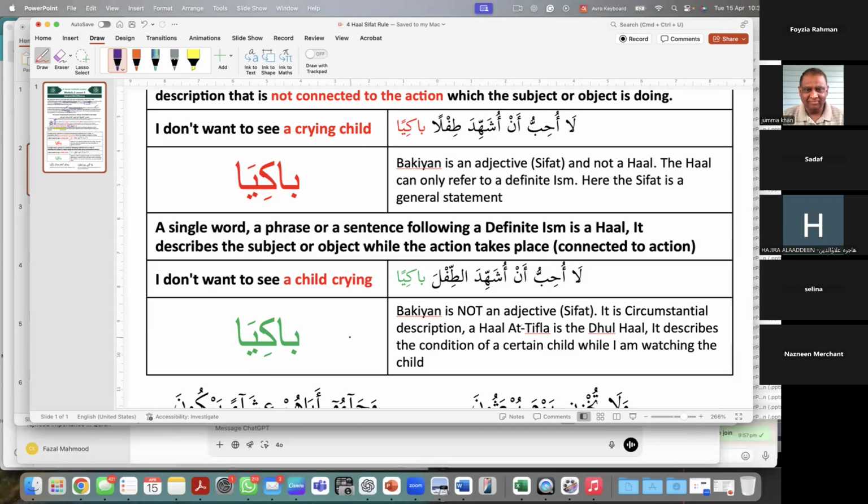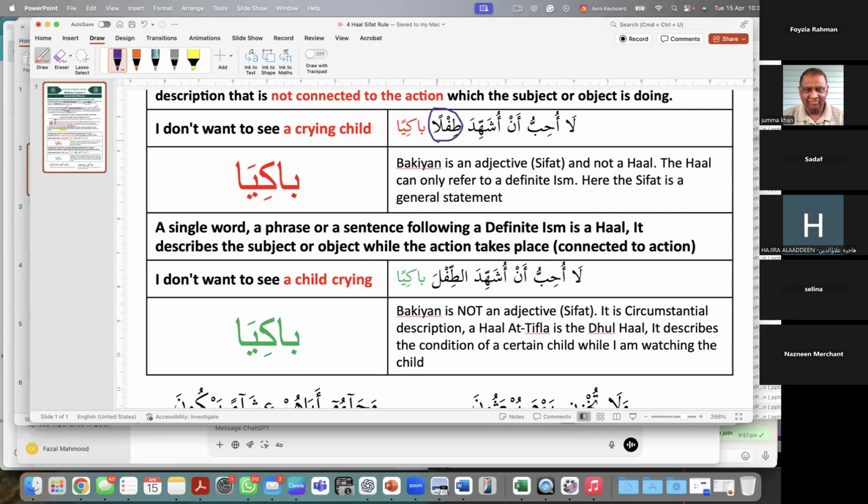Some will say that without knowing the grammar. It makes sense, but this is not correct. We cannot translate bakia as a hal, which means in the state, in a condition of doing something. Because tiflan is what kind of ism? Nakira.